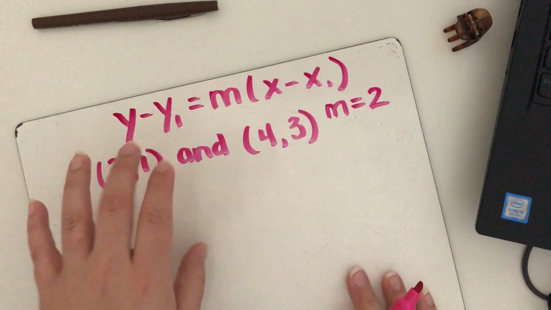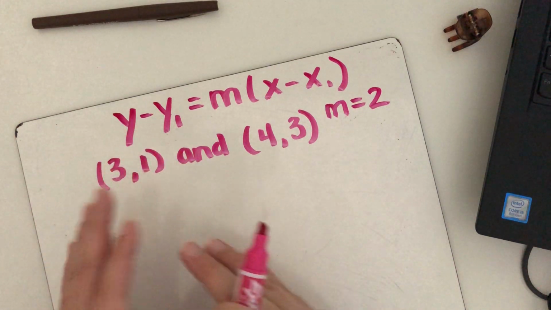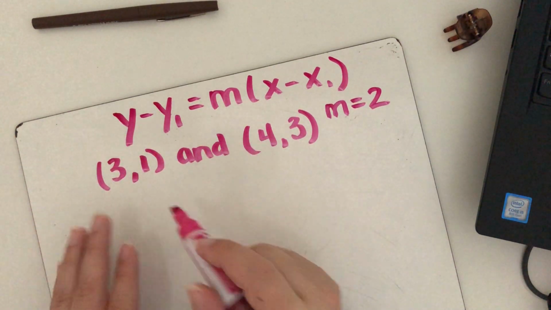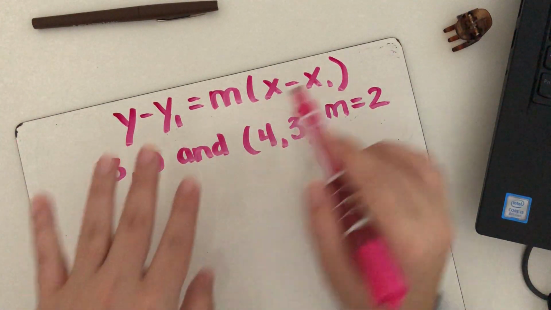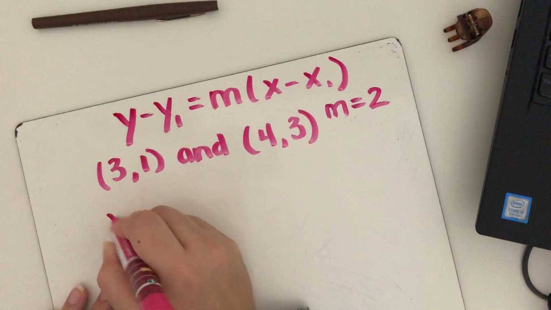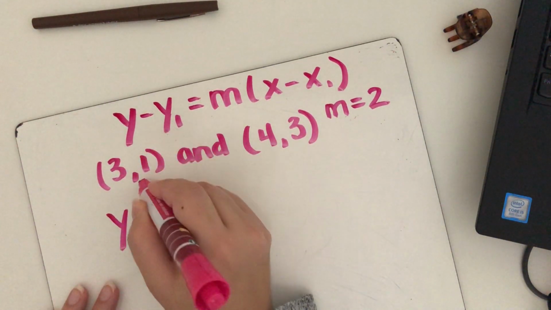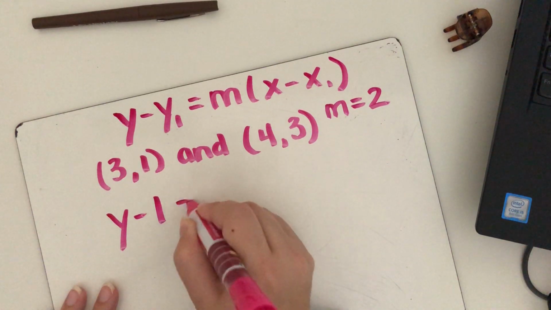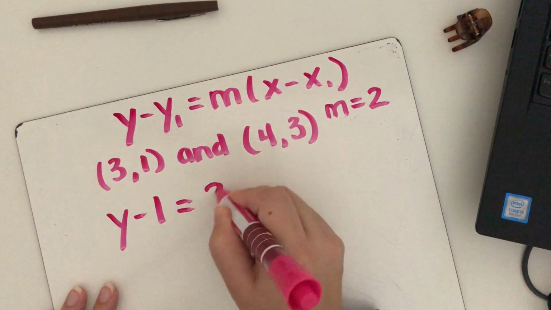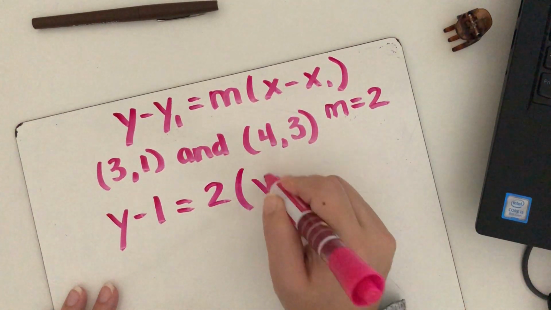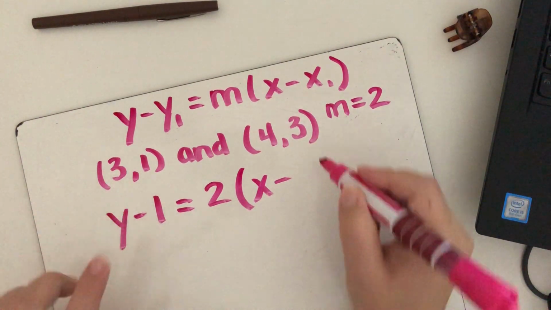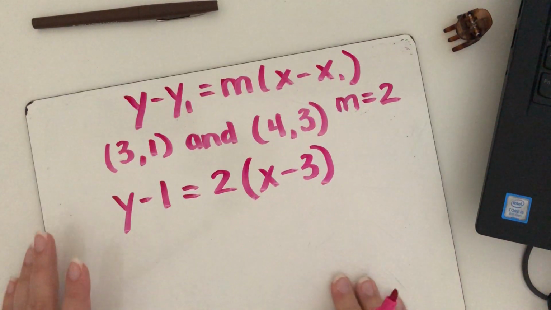So I'm going to take the same coordinate point that I said was x1 and y1 and take those to plug into here. So again, I have y minus my y1, which was 1, equals my slope of 2 times x minus my x1, which was 3. Okay?